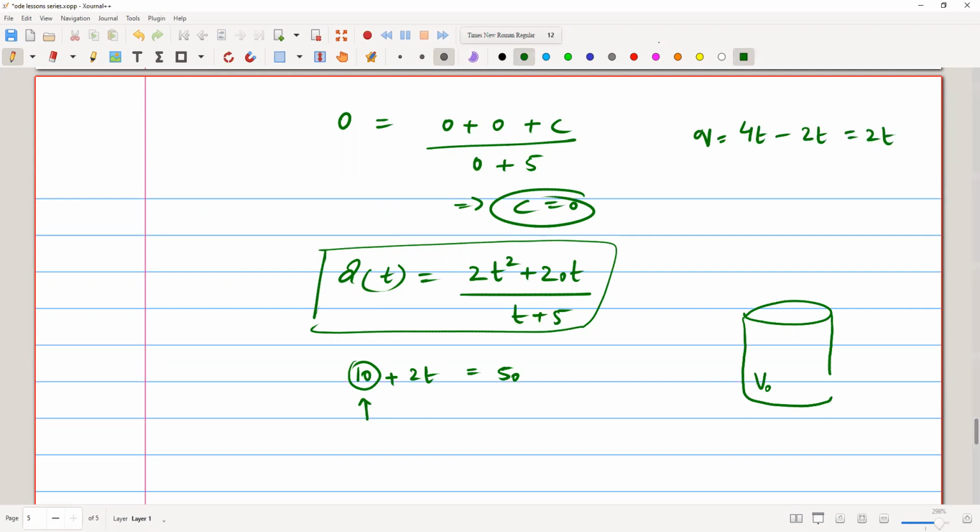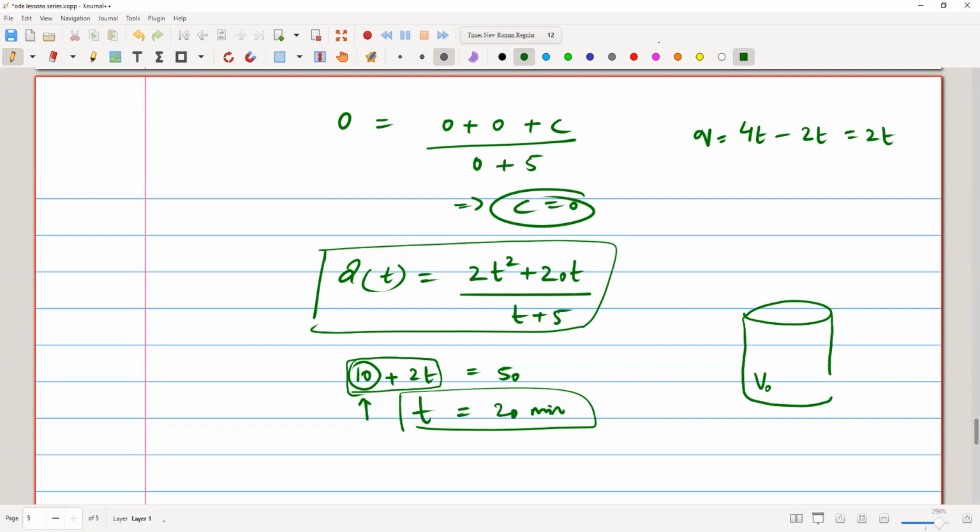So this is the total volume, and when it equals 50, it means that t equals 20 minutes. All right, t equals 20 minutes.